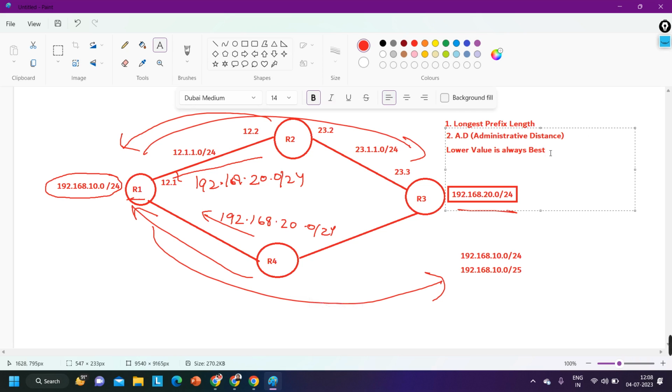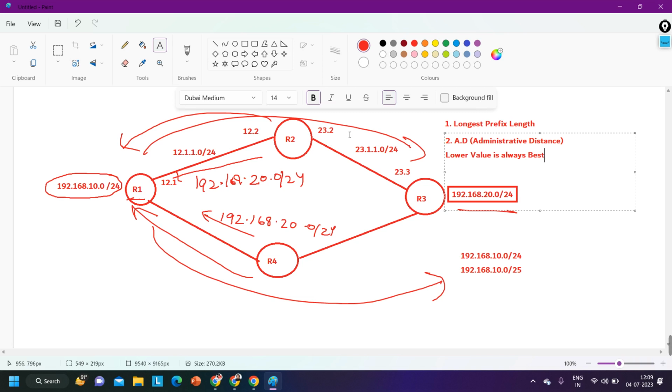We have multiple routing protocols, and each routing protocol has a predefined AD value. Like RIP has an AD value, EIGRP has an AD value. All routing protocols have one separate AD value. Getting my point?